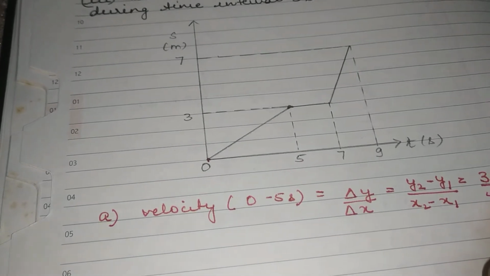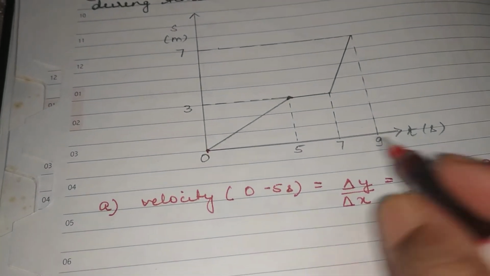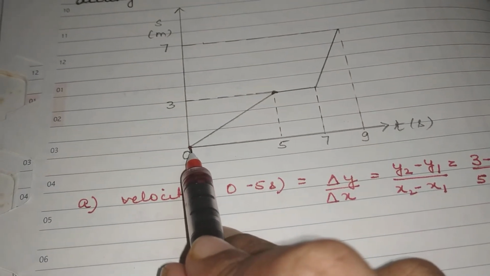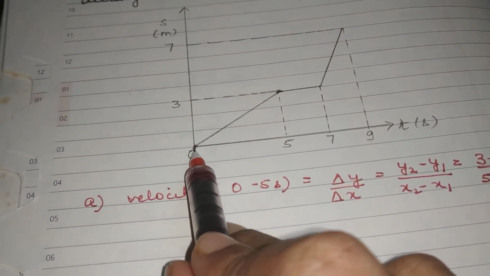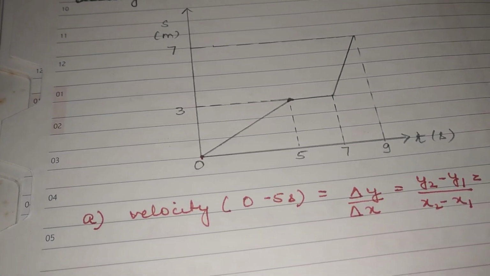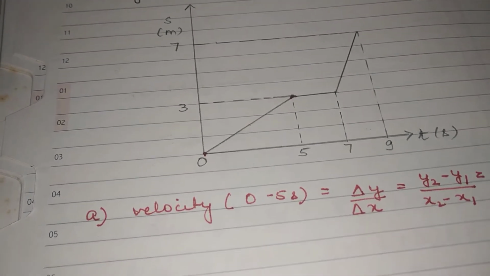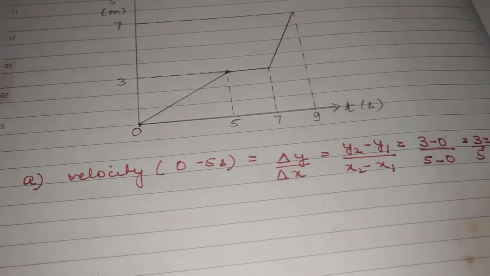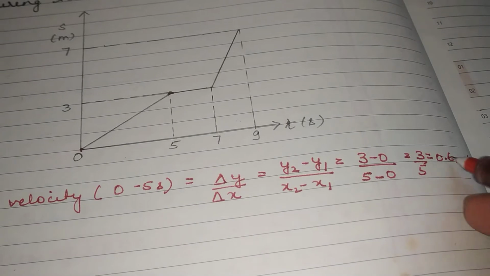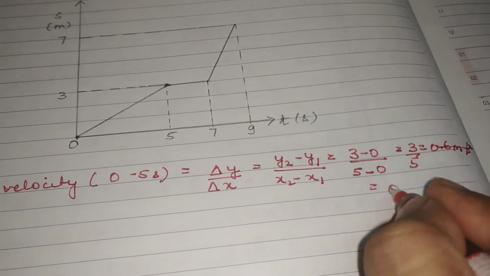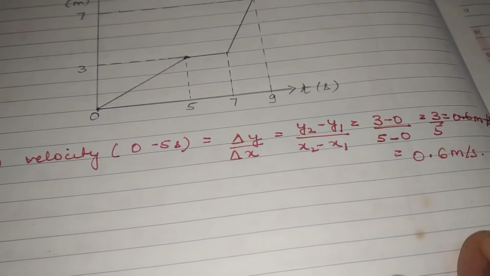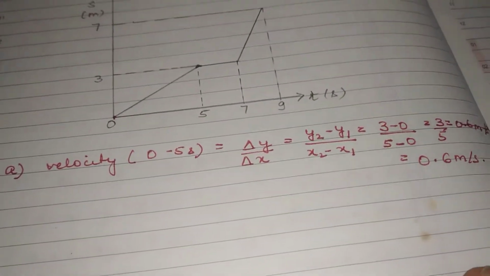So here I'll write 5 minus, y1 is 0. So corresponding to this point, what is x1? x1 is also 0, and therefore it is 3 upon 5, which is 0.6 meter per second. It is 0.6 meter per second. That's the answer of part 1.